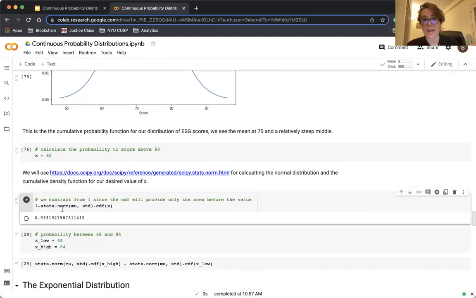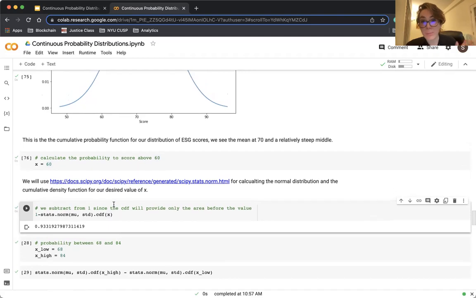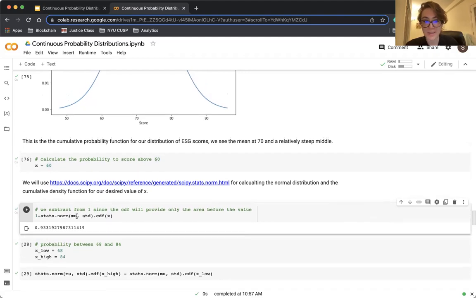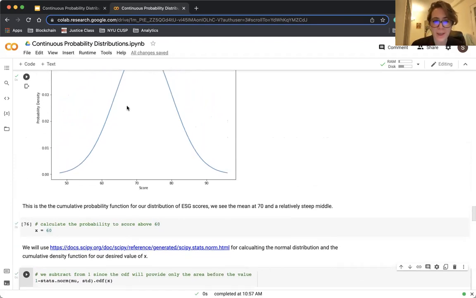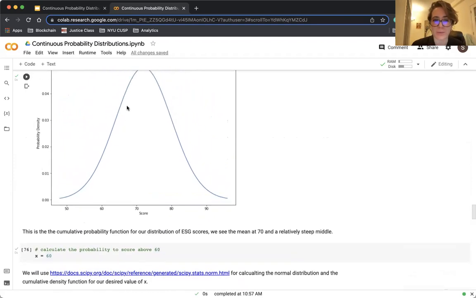We have the exact probability of seeing a value above 60 is 93%, which, if you were to draw that in, you would expect to have the area under the curve all shaded in above that value. And that makes sense that 93% of all companies that are scored would be expected to be above this value.